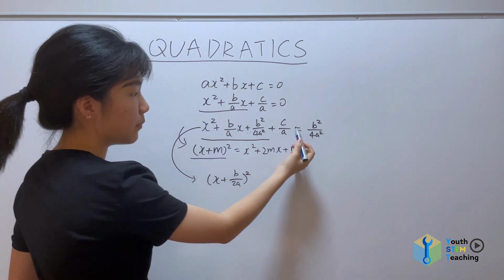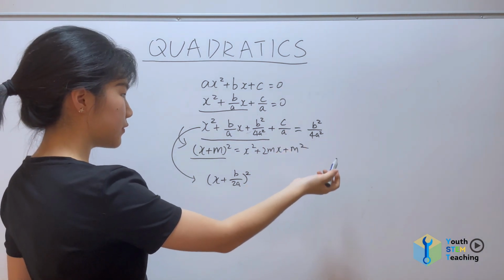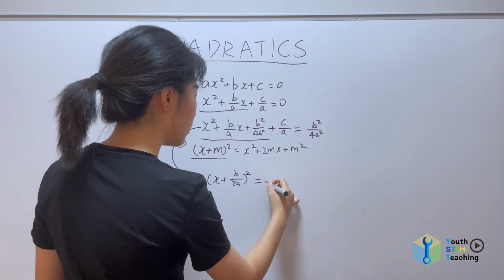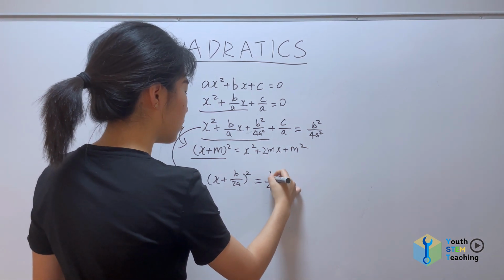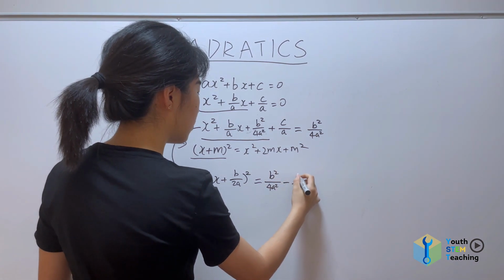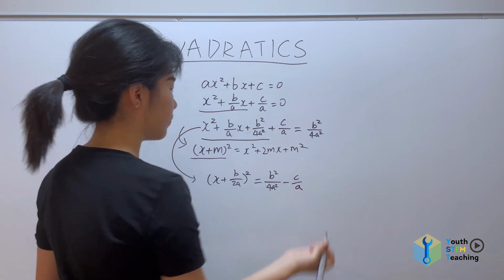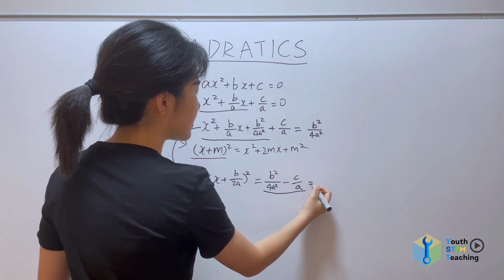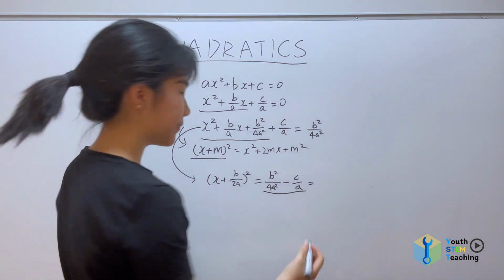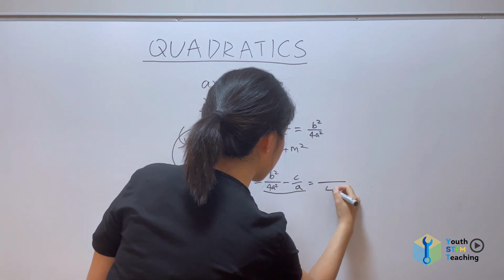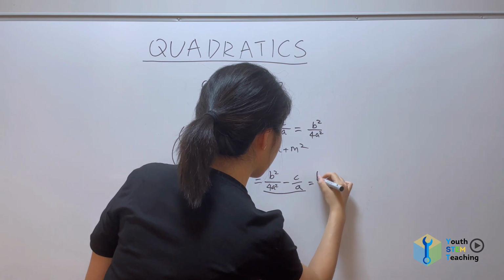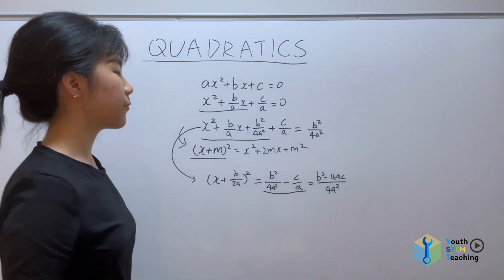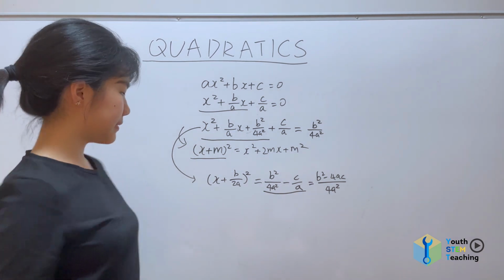And then we can move c over a to the right-hand side. And we can write this as a single fraction, which will be more convenient for us to square root both sides.